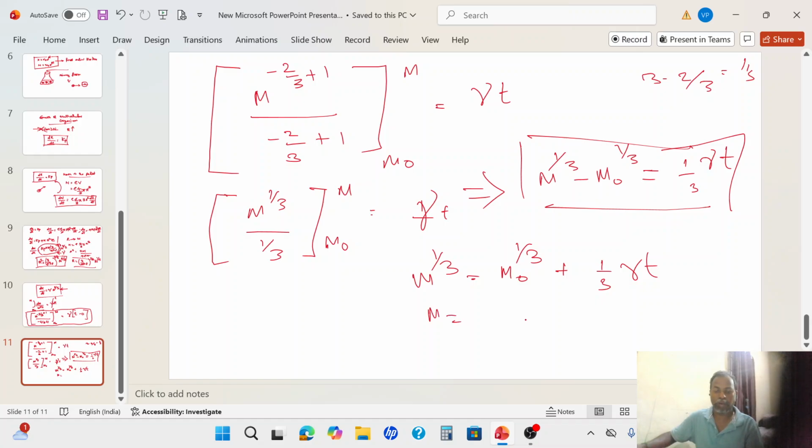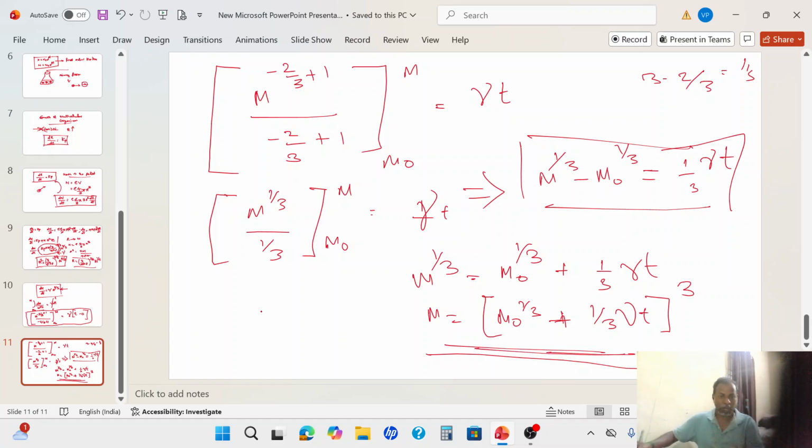M is equal to m naught power 1 by 3 plus 1 by 3 gamma t, whole power 3. So this is the final answer for the total mass of the cells in terms of filamentous organisms.